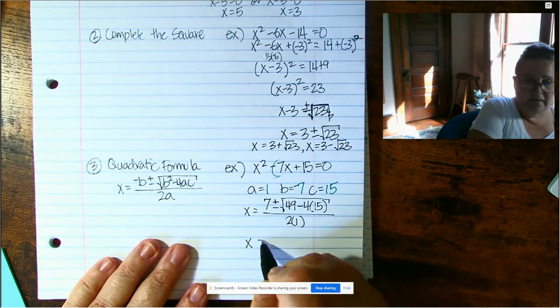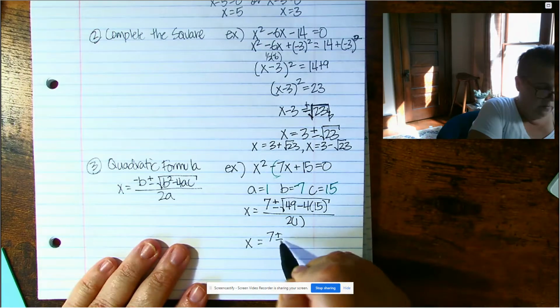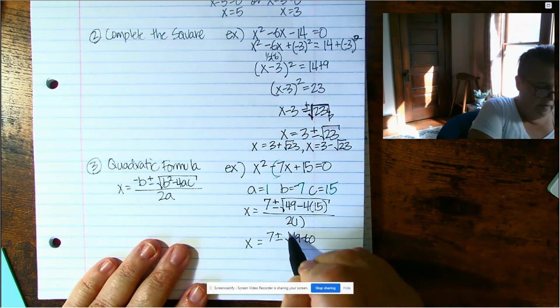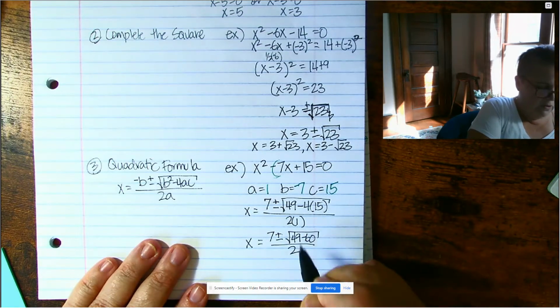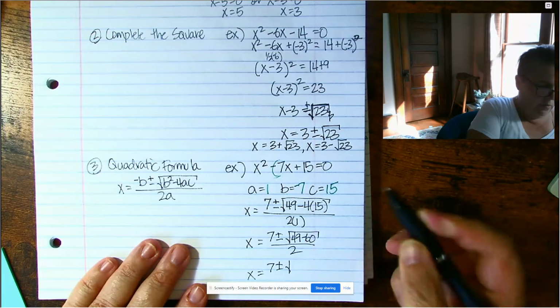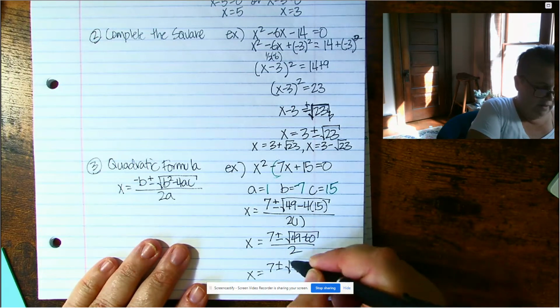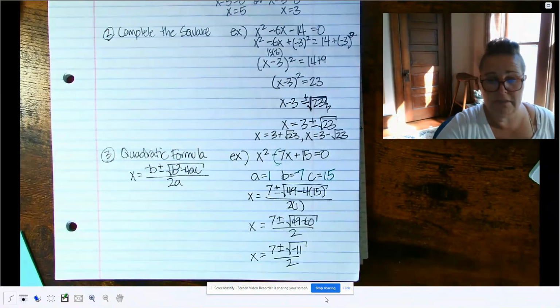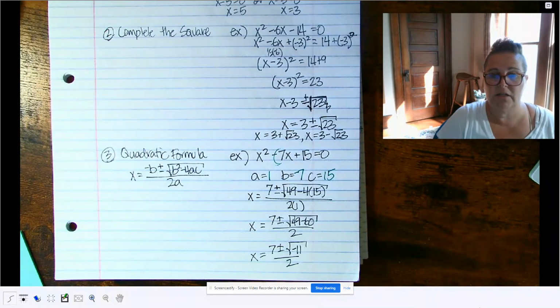So we're going to get x is equal to 7 plus or minus the square root of 49 minus 60 all over 2. Some of you are going to recall this will be the square root of a negative 11 all over 2. That's how you would use the quadratic formula.